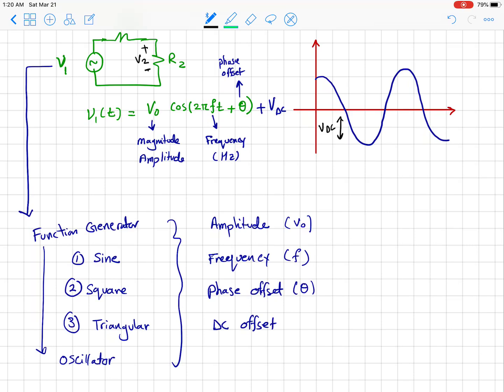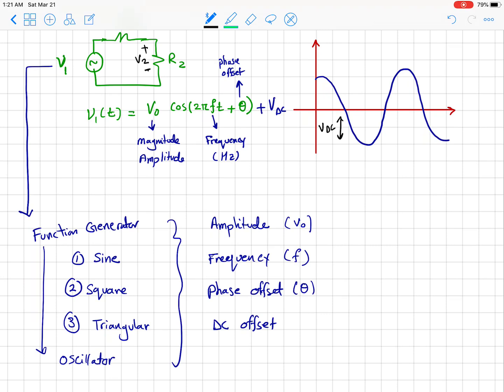It will not be exactly V0, it will be a scaled version of that, without going deep into this scaling factor.